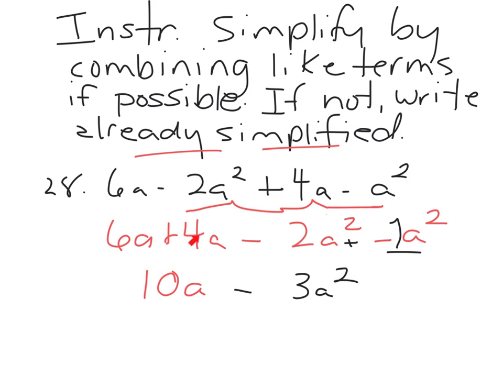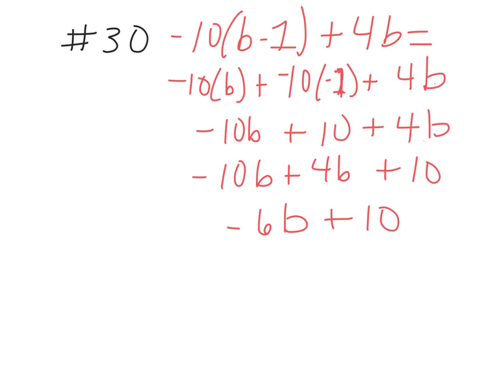We have 6a plus 4a is 10a. We have negative 2a squared plus negative 1a squared, and that comes out to be negative 3a squared, and so it's 10a minus 3a squared.